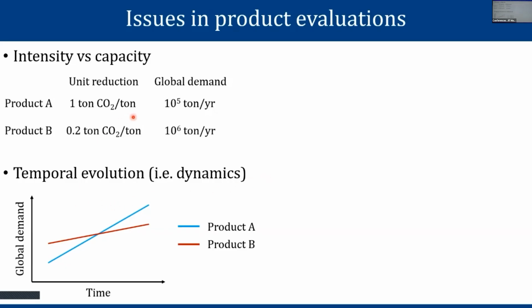For example, here I mentioned that it is better to produce product B from the viewpoint of CO2 emission reduction, but as time goes by, you can see from this graph that the global demand of product A is increasing more quickly than the global demand of product B. So right now, it seems that product B is better to be produced than product A, but in the future, it will be better to produce product A than product B. So the temporal evolution of global demands of different products should be considered in the evaluation of different sustainable products.